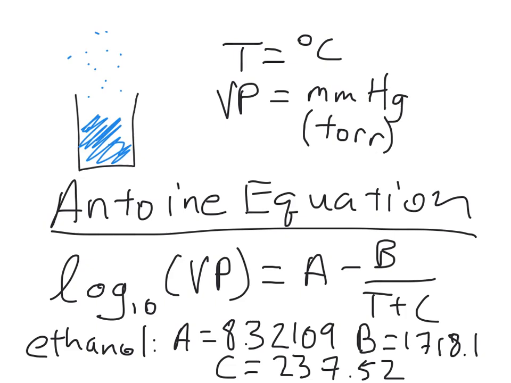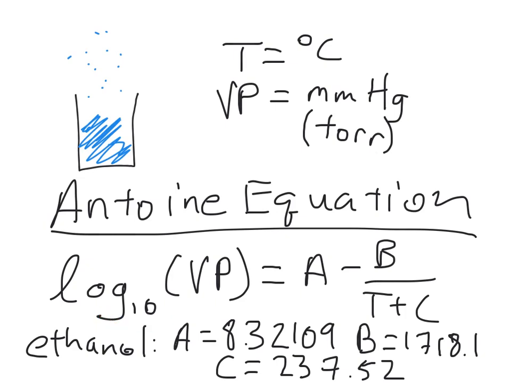Whenever you're dealing with an Antoine equation, you need to clarify what the units of it are. Thankfully, in our thermo book, the units are told to us right where it describes all these different coefficients for the Antoine equation. So whenever you're using an Antoine equation, the source should tell you what the units are. The other thing is, this is in log base 10.